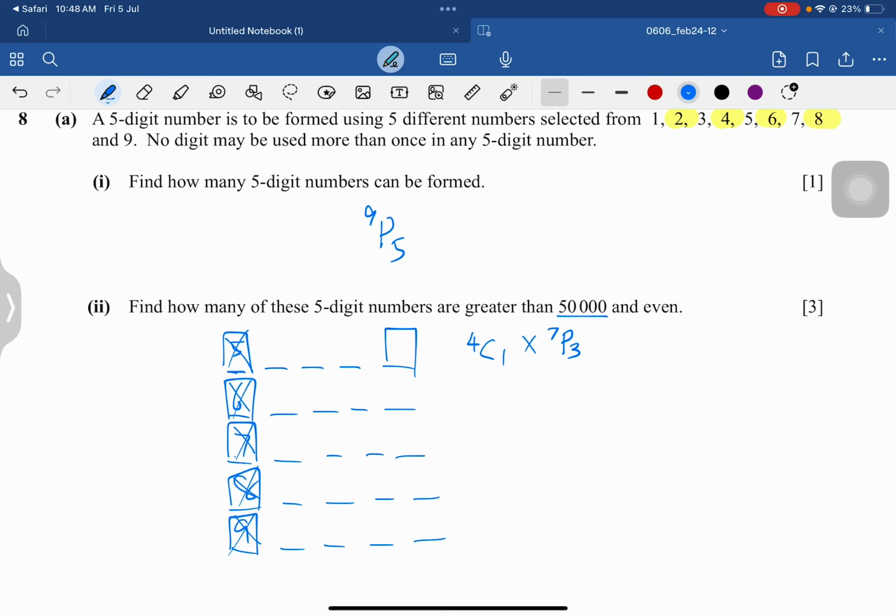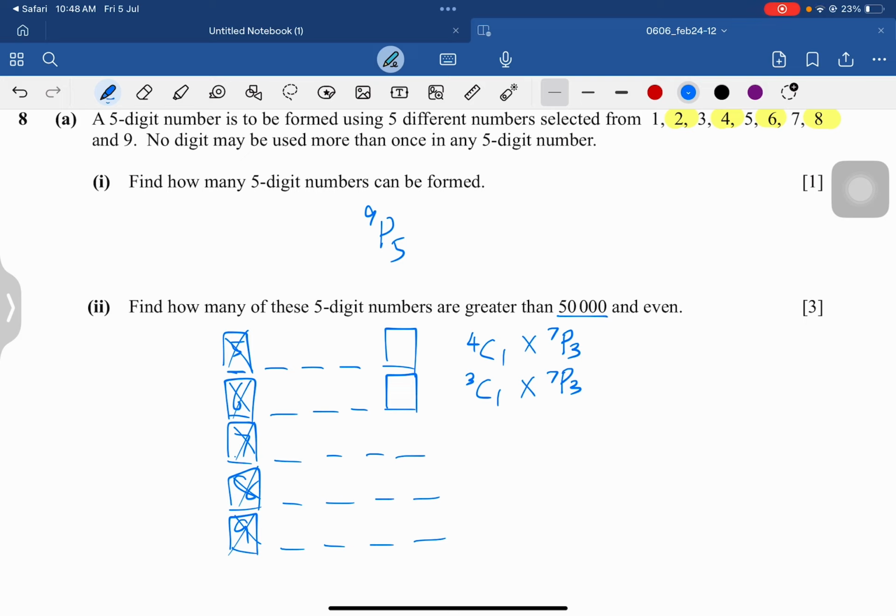Okay, so for the second scenario, 6 has been used. So the last digit must be an even number, we cannot use 6 anymore. So remaining 2, 4, 8, 3 numbers. Simply pick 1 times, same thing, 7P3. 1 number at the front, 1 number at the back, 2 numbers have been used. So 9 minus 2, which is 7 numbers remaining for the 3 blanks.